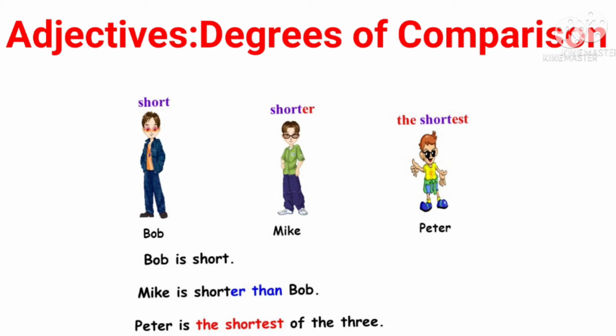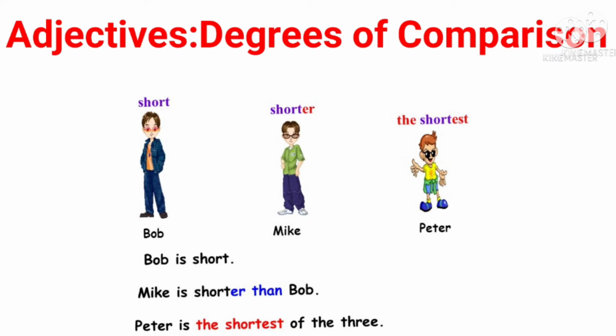So what does it mean? It means, children, that this quality belongs to the heights of these three children. One is short, and when there is a comparison between Bob and Mike, we say Mike is shorter than Bob.